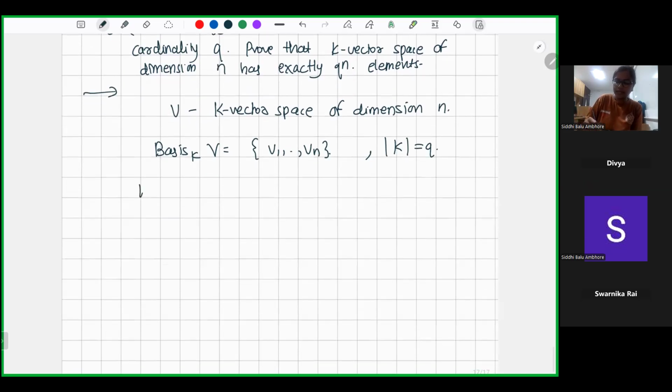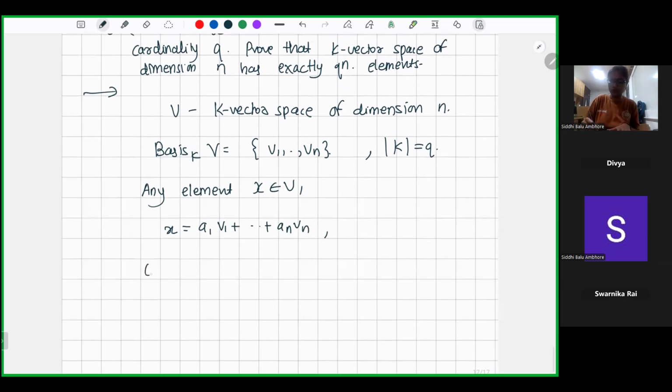So again, as we saw, any element x in V will be something like a1 v1 plus up to an vn, and again we have the same choices.